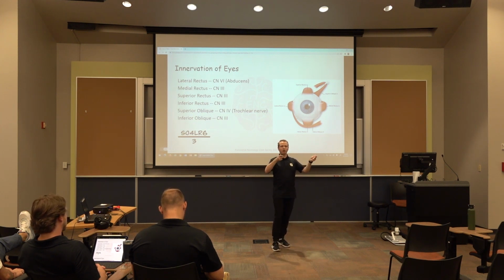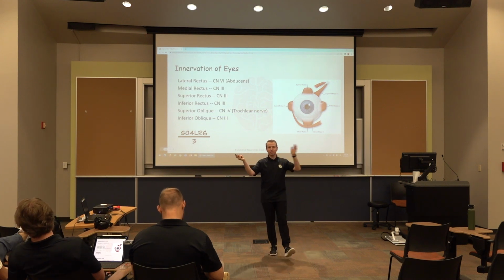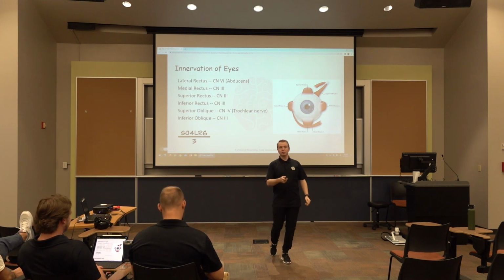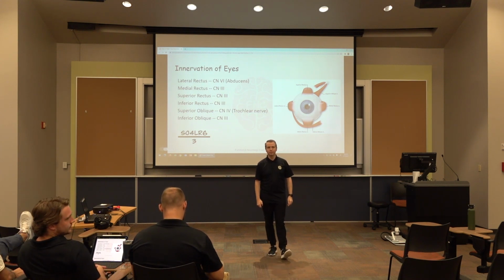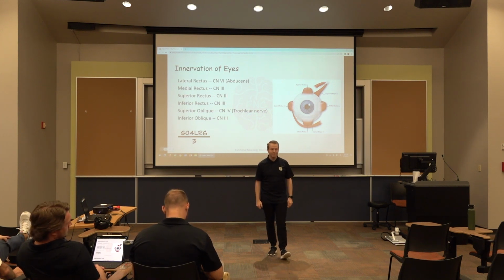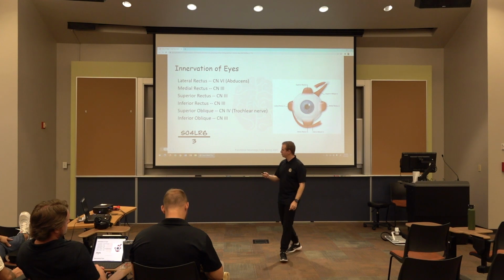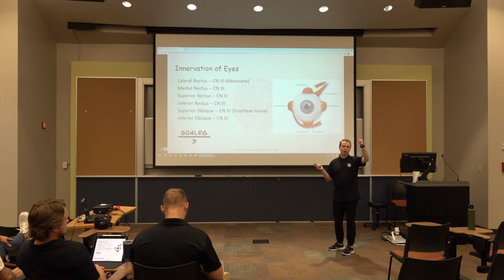So as cranial nerve 6 is abducting the eye, the medial rectus on the other eye will be adducting the eye. We'll go through those as well, but great question.